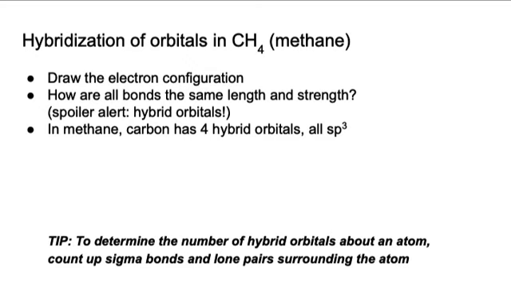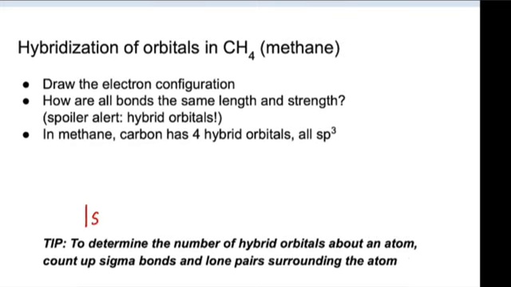So take a quick moment here and draw out the electron configuration for carbon. So if we were to come up with the electron configuration for the carbon in methane, we would have 2 electrons in the 1s orbital, 2 electrons in the 2s orbital, and then we'd have the 2p orbitals. There's 3 of them. We know that carbon has a total of 4 valence electrons.